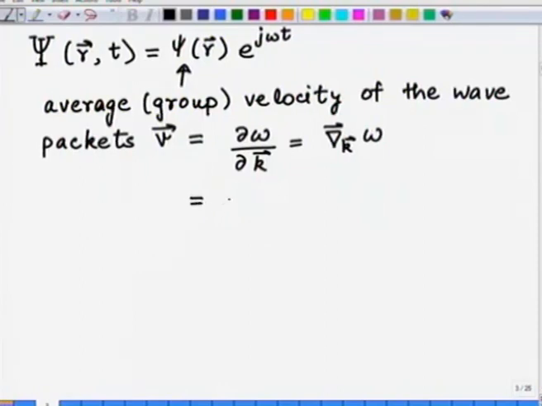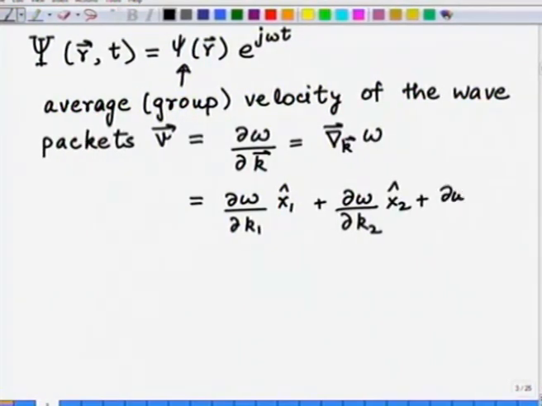If you want to expand it out further, you can write it as ∂ω/∂k1 x1 plus ∂ω/∂k2 x2 plus ∂ω/∂k3 x3.